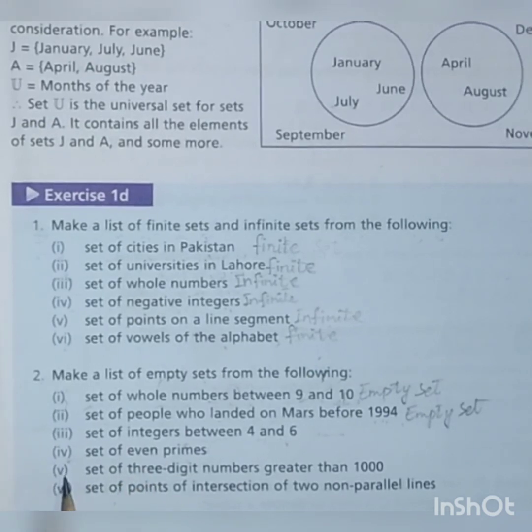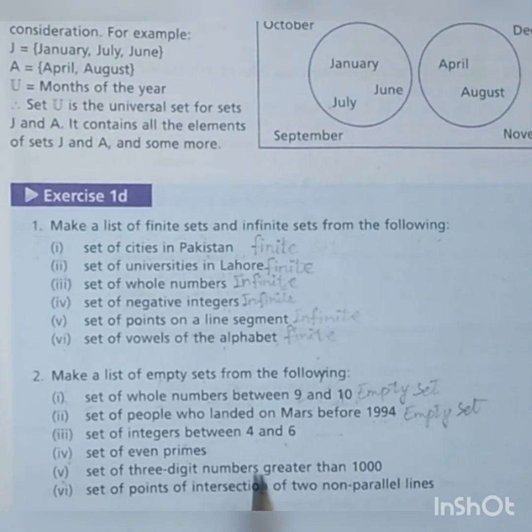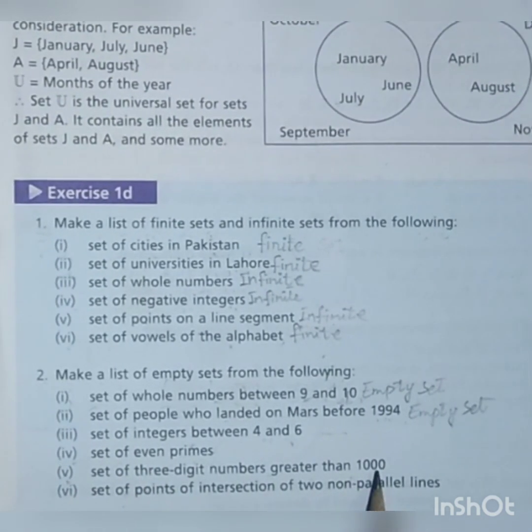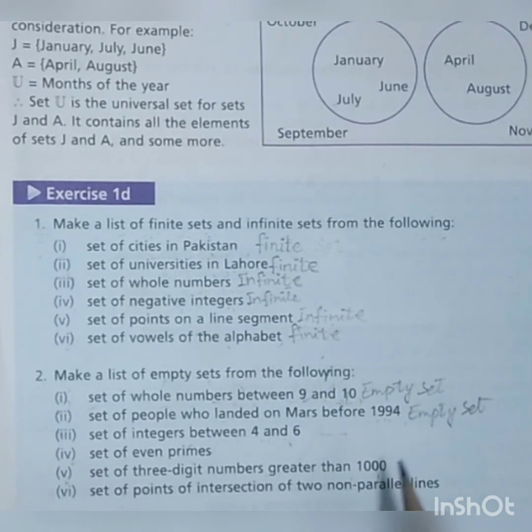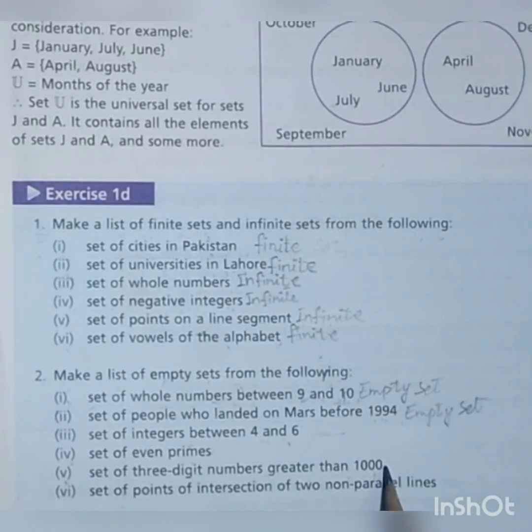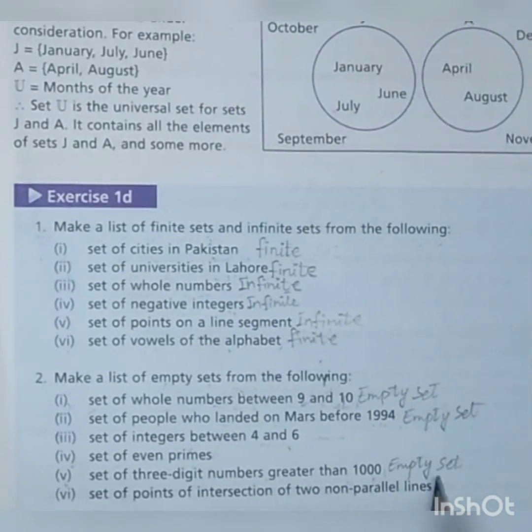So let's move towards the part number 5, set of 3-digit numbers greater than 1000. Greater than 1000, 3-digit numbers are not present. Greater than 1000 would be 4-digit numbers. So it represents an empty set because greater than 1000 there is no 3-digit number. It is an empty set.